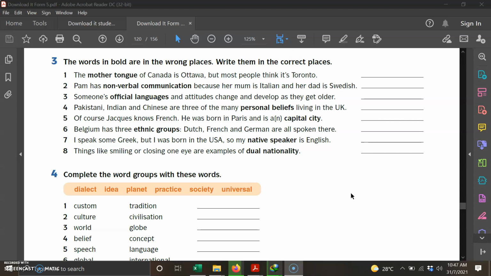So what do you think the answer is? I think the answer is capital city. Okay, number 5. You take the words capital city and you replace mother tongue with capital city in your Google Forms later. So that is the trick of doing this exercise.